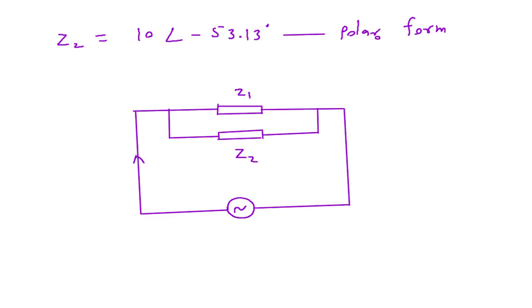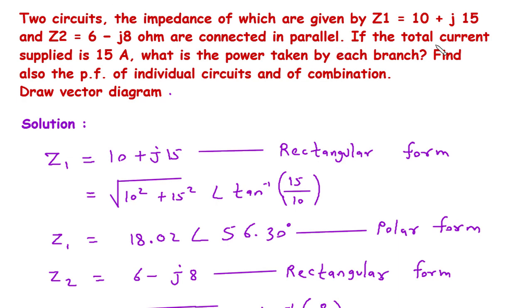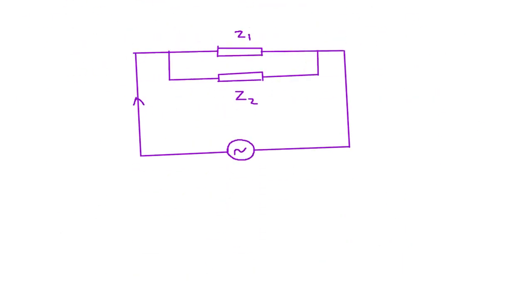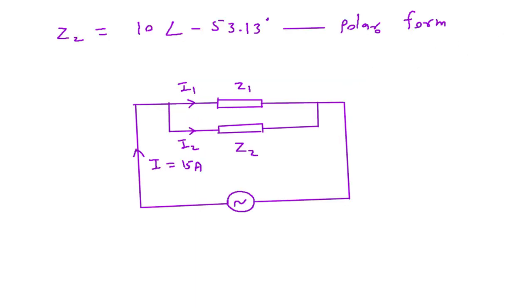This current is also given. If the total current supplied is 15 ampere, so this current value is given. Let's say this is current I and it is equal to 15 ampere. This current will be I1 and this current will be I2.